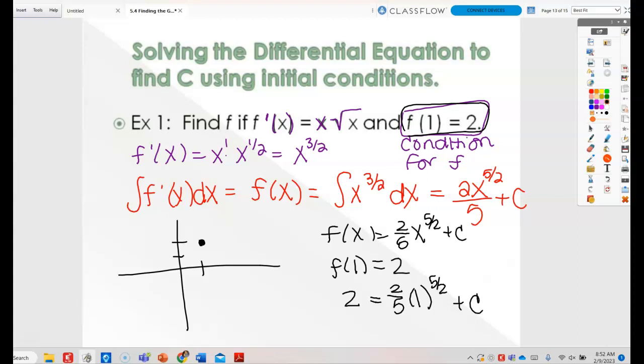So 1 to the 5/2 is 1. So 2/5 plus c needs to equal 2. So c needs to equal 10/5 minus 2/5 or 8/5.